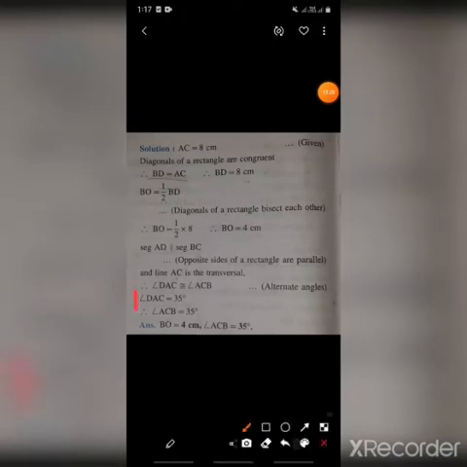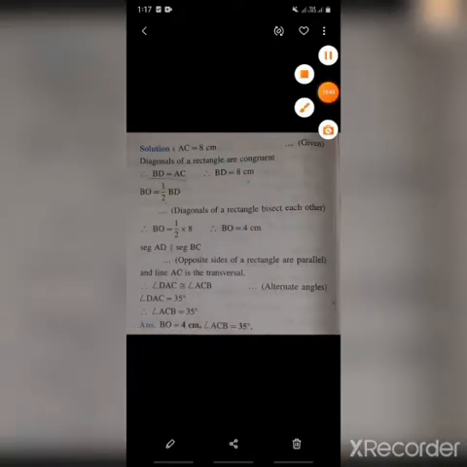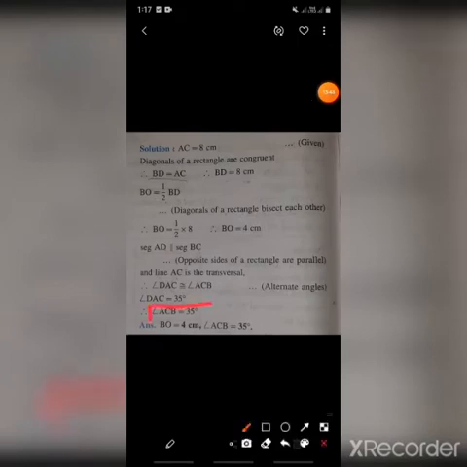Then DAC is also 35 degrees. If A is 35 degrees, then C is also 35 degrees, because of alternate angles. Then ACD is also 35 degrees. So BO is 4 centimeters and ACD is 35 degrees.